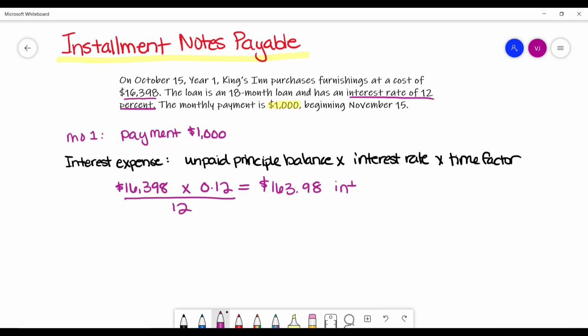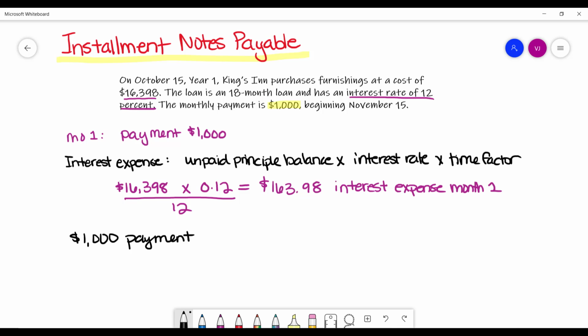So this would be the interest expense for month 1. So what does that mean? Well, that means that of this $1,000 payment, $164 basically is going directly to the bank. They're going to take $164 of that $1,000 as interest revenue.